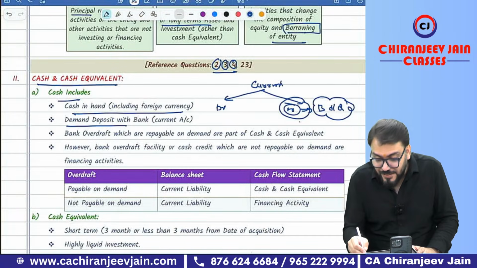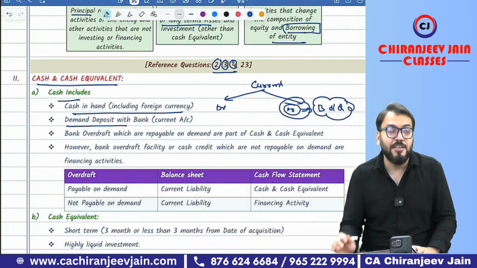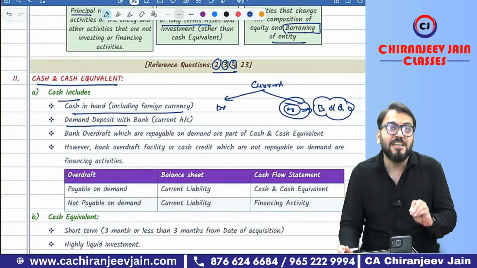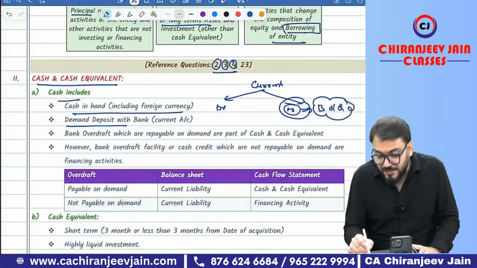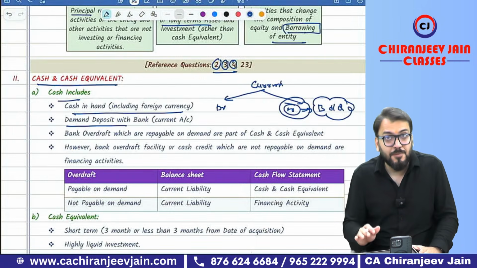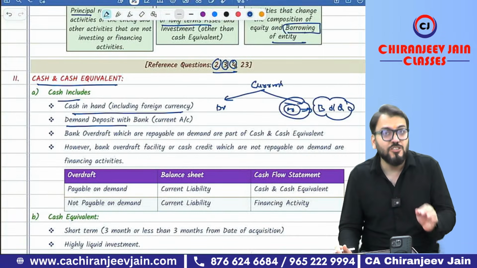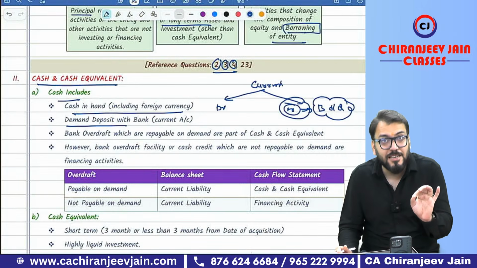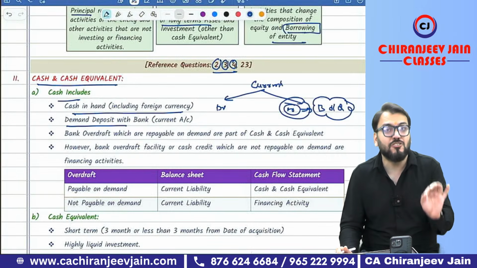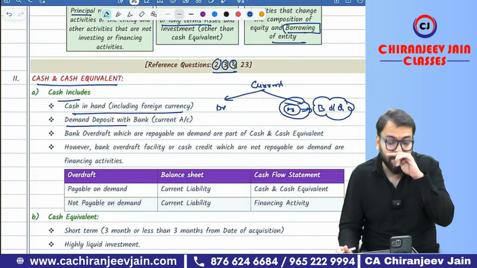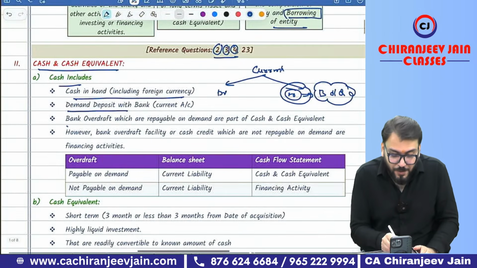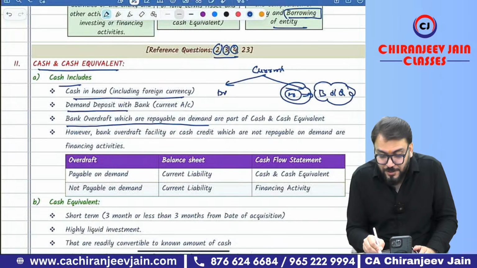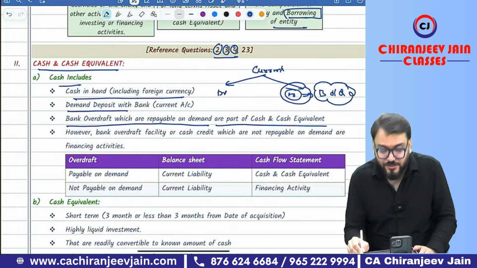So in the balance sheet, this bank overdraft will be shown as current liability. But Ind AS 7 has given one clarification that this demand deposit with the bank, if it has a credit balance, this bank overdraft will be shown as a part of cash and cash equivalent. Means it will be deducted to calculate cash and cash equivalent for the purpose of Ind AS 7. So bank overdrafts which are repayable on demand are part of cash and cash equivalent.